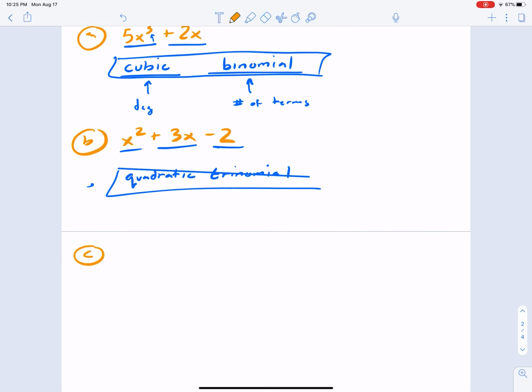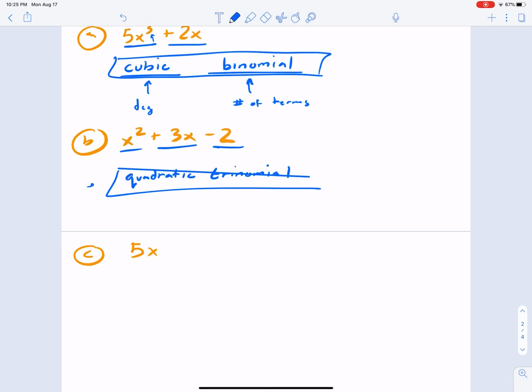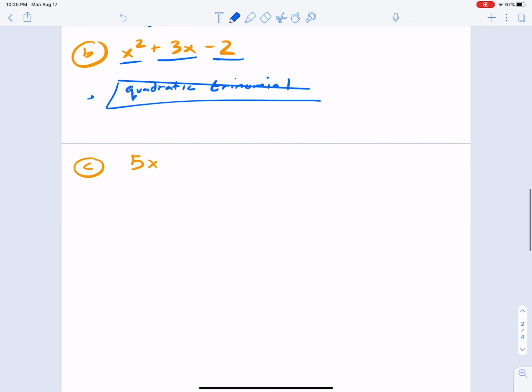Again, part C. Let's do this one here of 5x. Okay, so pause and then play when you're ready. Classify this polynomial here. Okay, here, first name, largest degree is 1, the invisible 1, so we know it's linear, and there's only one term, so it's going to be a monomial.